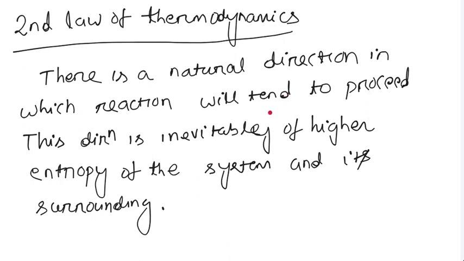This direction is inevitably one of higher entropy of the system, and that means the reaction will always proceed towards the higher entropy direction. So in whichever direction it can achieve more entropy, it will proceed in that direction.